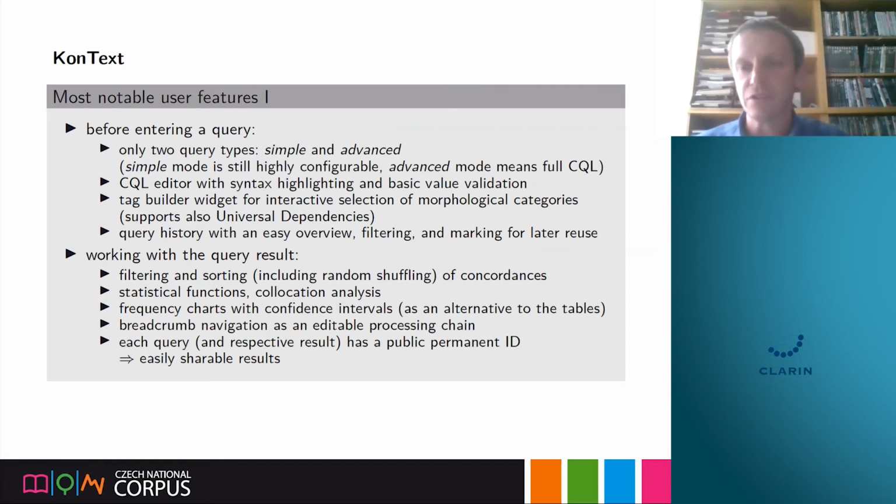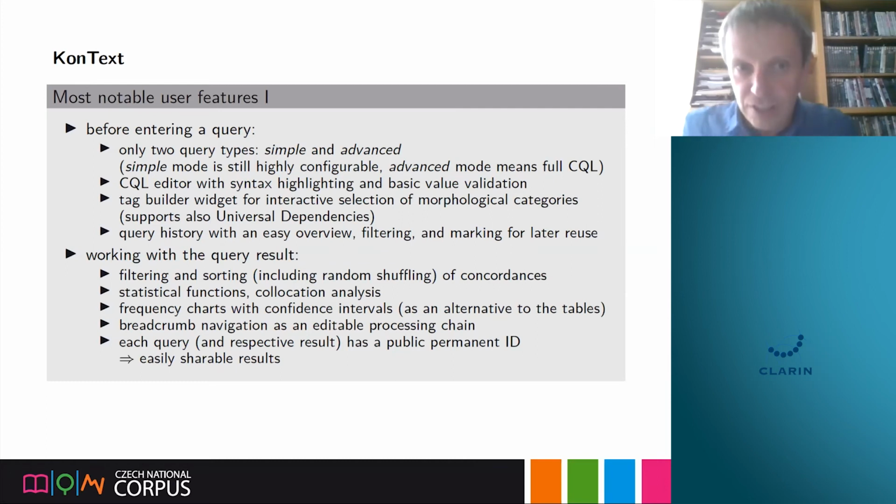So, for instance, if you start writing something like square brackets, attribute equals value, and all the stuff, then KonText will underline the attribute name if it doesn't exist and offer you other existing attributes. So we try to help the users to use CQL, especially those who are not familiar with programming and all this stuff.